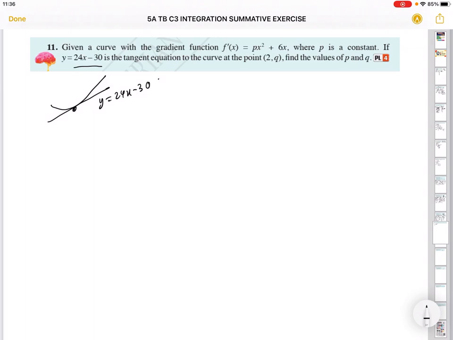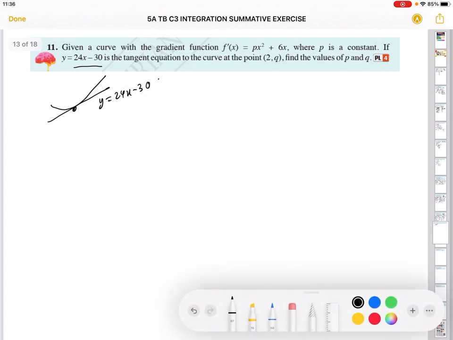Okay, you already know your gradient function, right? So to find the equation of the curve f(x), so you can write y, we basically just integrate. Okay, but before that, because I want to find p, I want to find p first. So maybe I just sub inside, because we know at this point the coordinate here is 2, q.